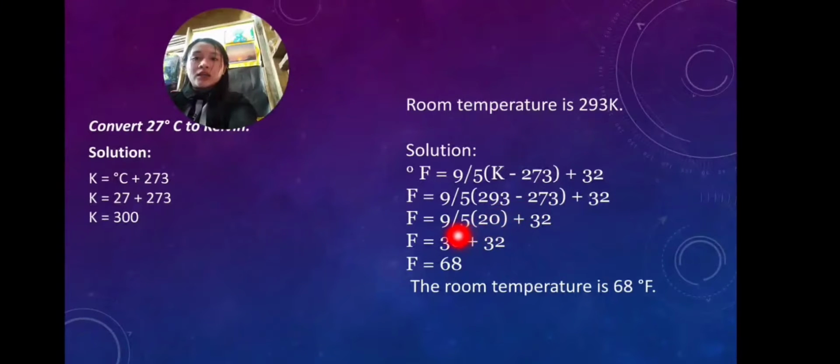Then 9 times 20 is 180, divided by 5 is 36, plus 32. It's that easy. So the answer is Fahrenheit equals 68. The room temperature is 68 degrees Fahrenheit.